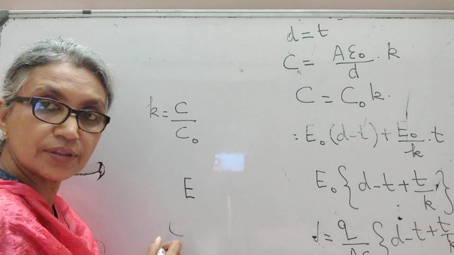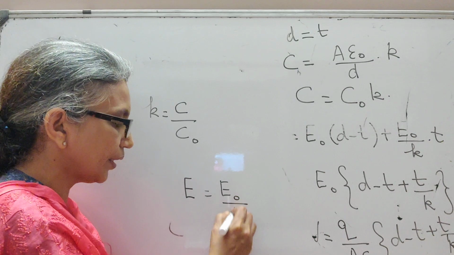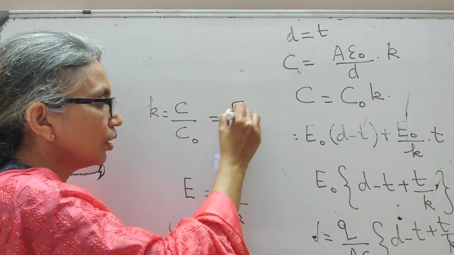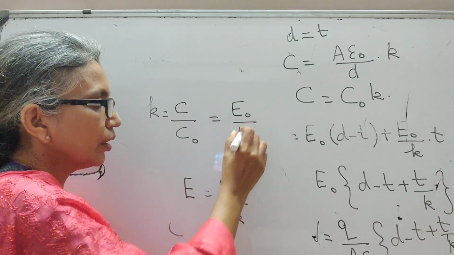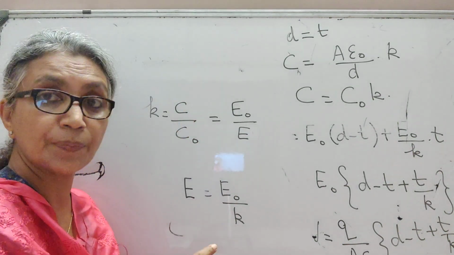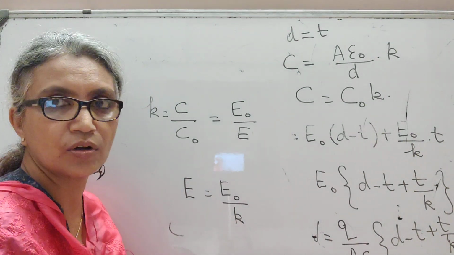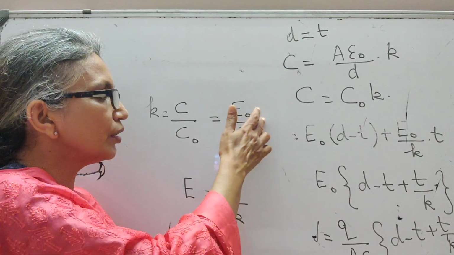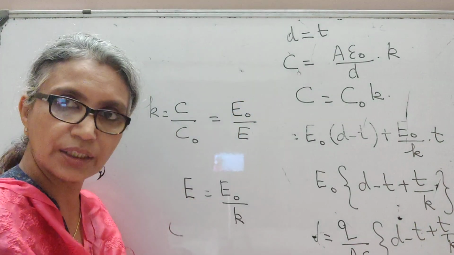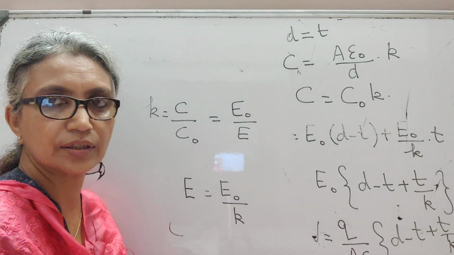Also from the previous session on polarization, we wrote E equal to E0 by K. From this equation, we may write K is also equal to E0 by E. So you may define the dielectric constant as a ratio of the capacitance of a capacitor with medium between the plates to the capacitance of the capacitor with air or vacuum between the plates. Or you may define it as a ratio of electric field in air or vacuum to the electric field when there is a dielectric medium.